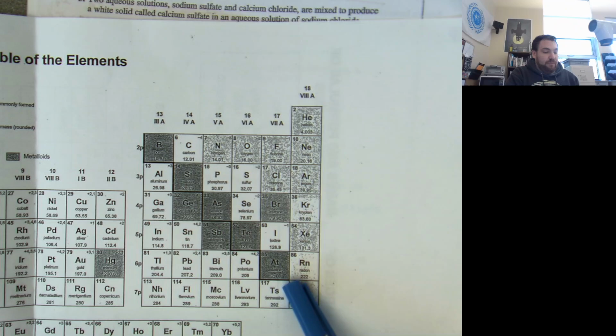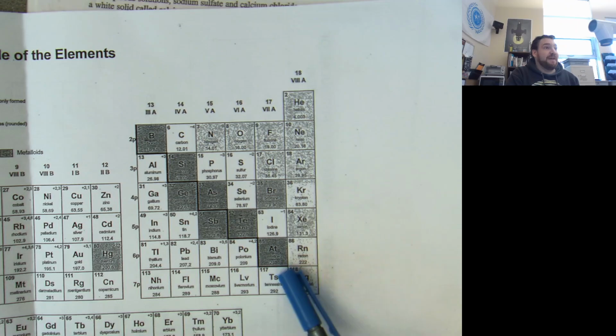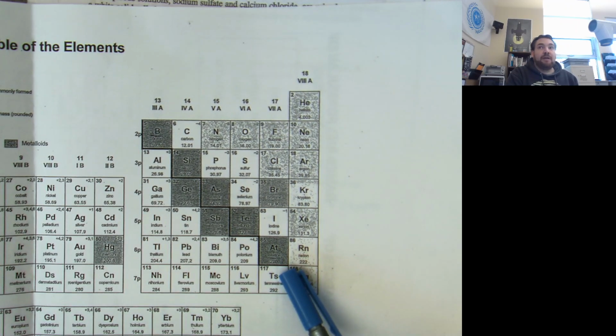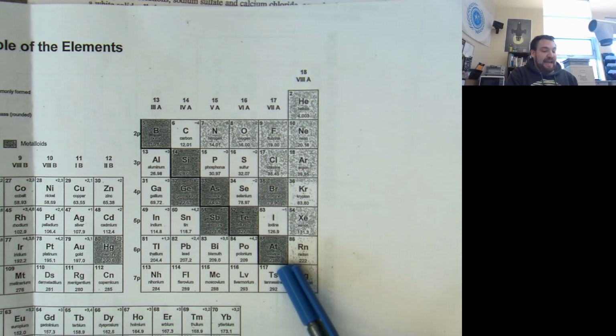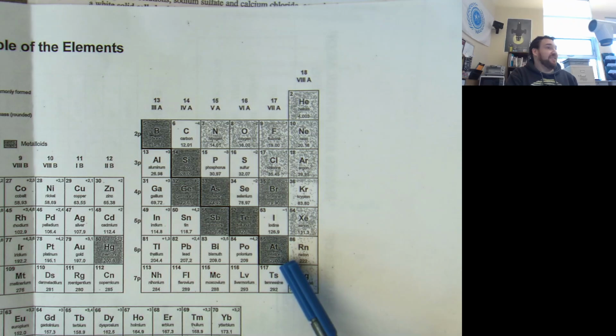Nobody asked me about the thing that shows up below iodine last week. And interestingly enough, across my feed, just randomly this weekend, I saw a really cool little video on astatine. Astatine is actually the rarest naturally occurring element on Earth, and it doesn't exist long enough for us to know what it does.